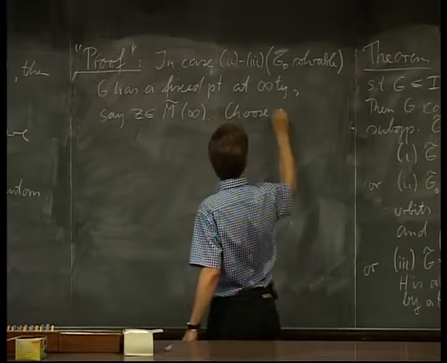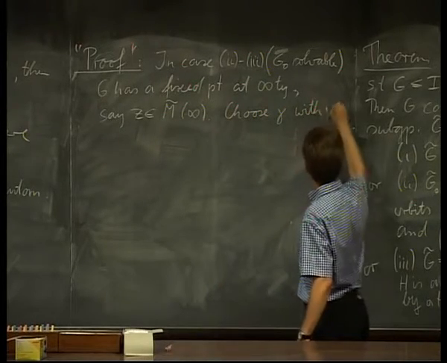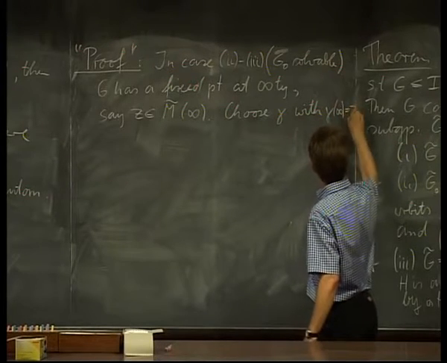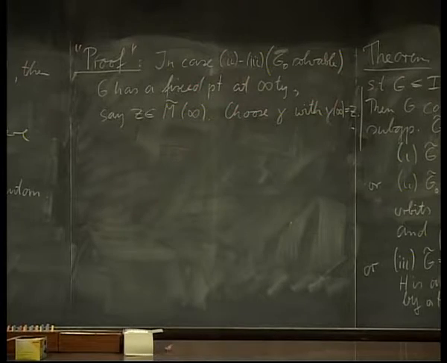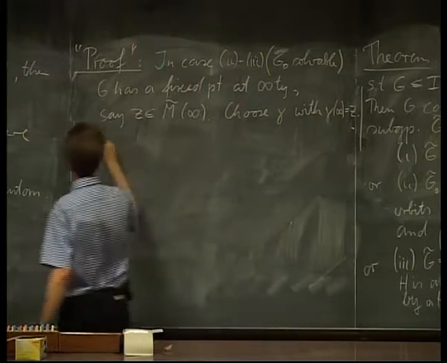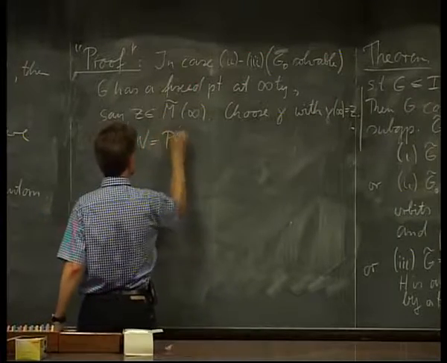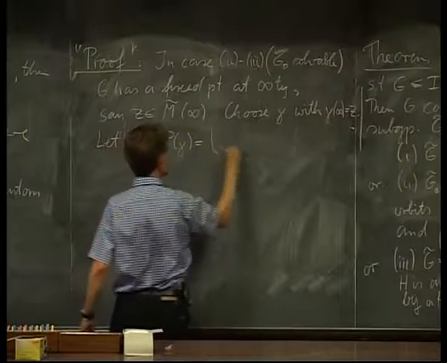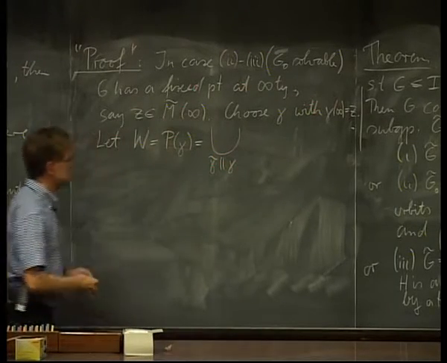We choose some geodesic gamma, which belongs to this class of asymptotic rays, and investigate the parallel space of gamma. It's the union of all geodesics at constant distance from gamma.